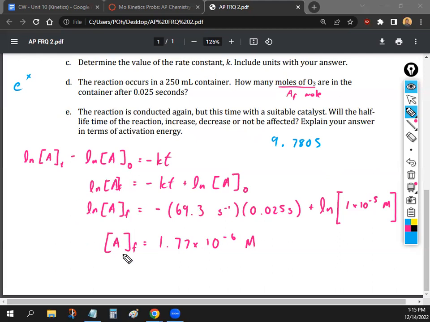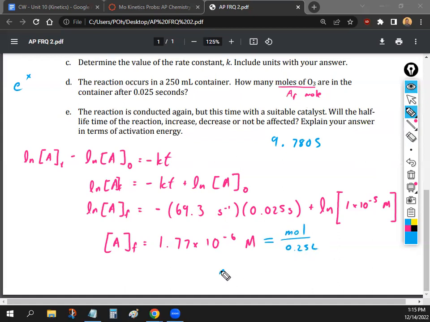So we are not done, because this is molarity, right? But we are looking for moles. So we're going to have to set this equal to moles divided by the volume. If you take a look at the problem, it tells us it takes place in a 250 milliliter container, and that's going to be equal to a 0.25 liter container.